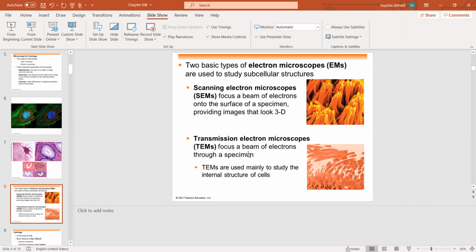This image was taken by the transmission electron microscope. In preparing the specimen, some cilia were cut along their length, creating a longitudinal section, while other cilia were cut straight across, creating a cross section.